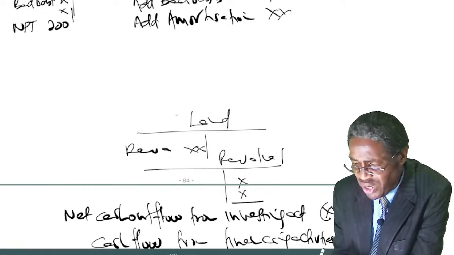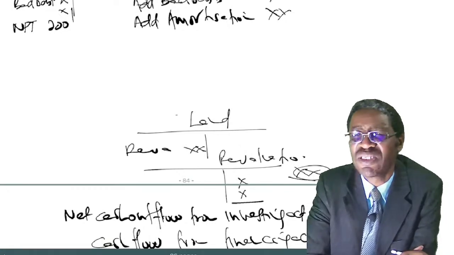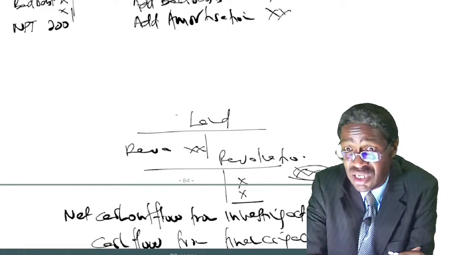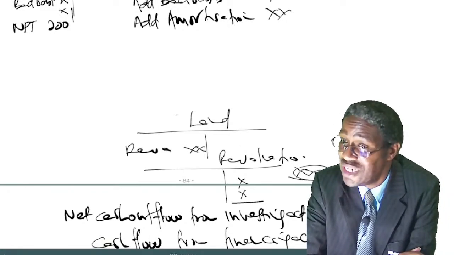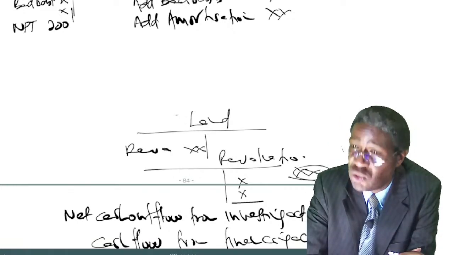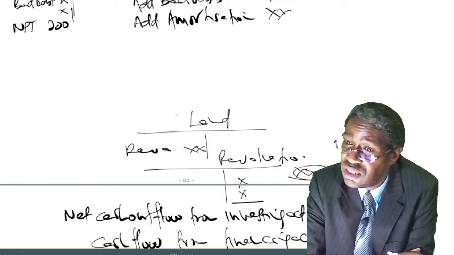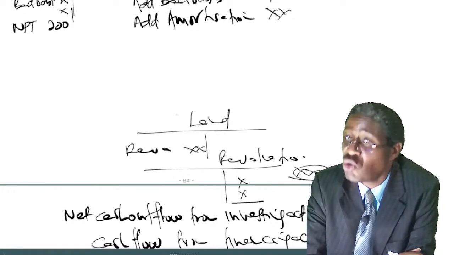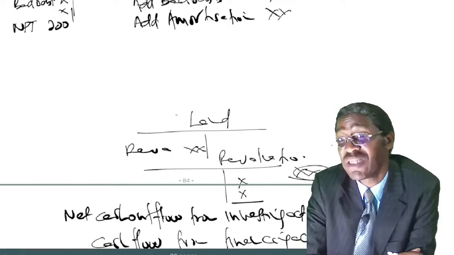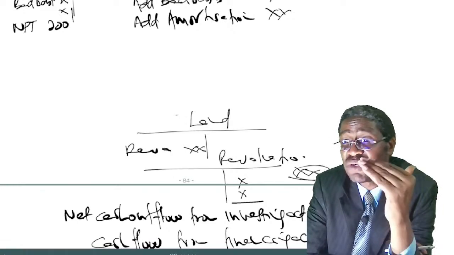Revaluation. Whenever you revalue an asset, you normally debit the asset and credit revaluation. Then that revaluation balance, which we call revaluation reserve, goes to the balance sheet among the equities, where we normally have ordinary share capital, share premium, retained profit.